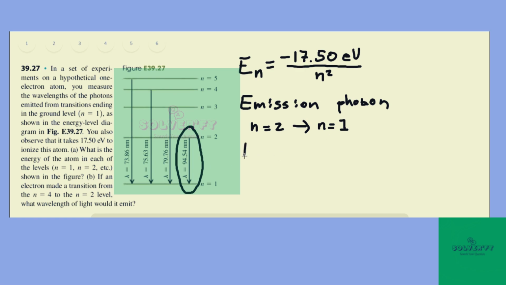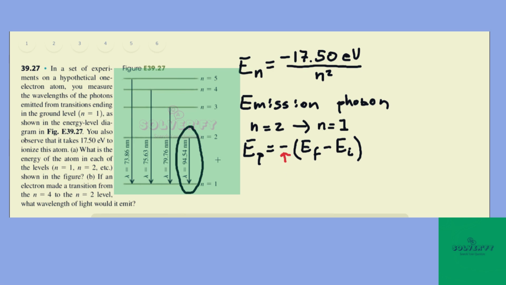So let's first find the energy of that photon. The energy of the photon when we go from n equals 2 to n equals 1 is equal to minus E final minus E initial. Now you might be wondering why this minus sign is here.